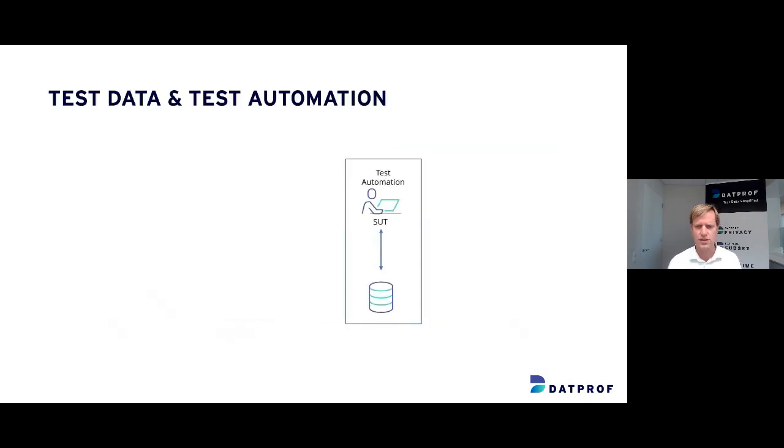Nowadays we see many organizations already working with test automation frameworks like Tricentis or Parasoft or Leapwork, or they are using open source frameworks. There are also many of them.